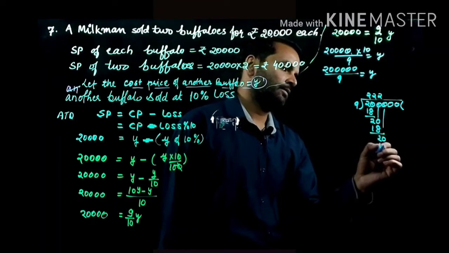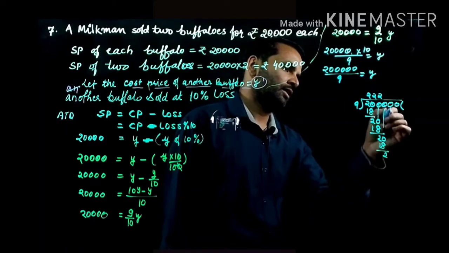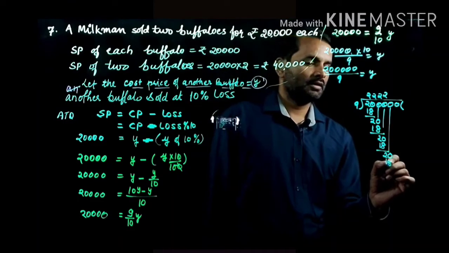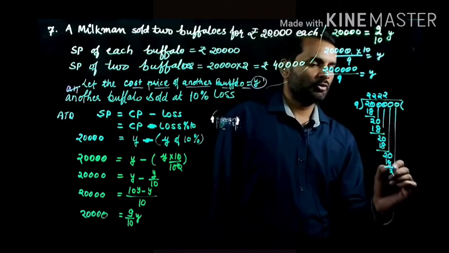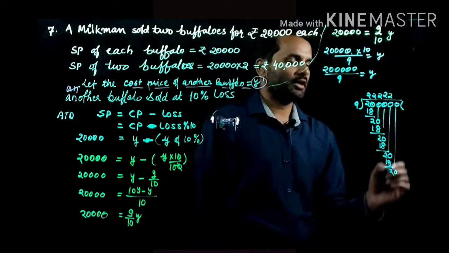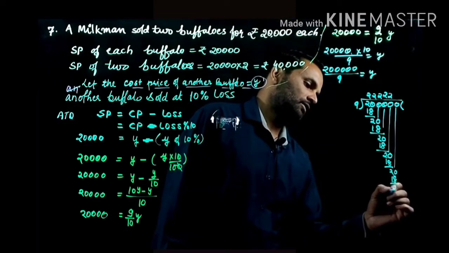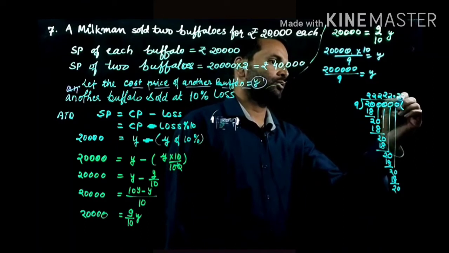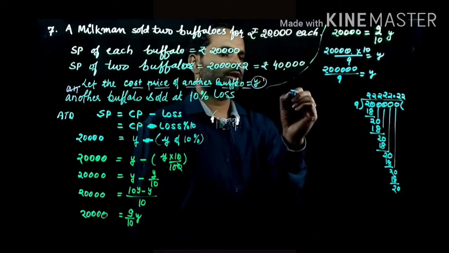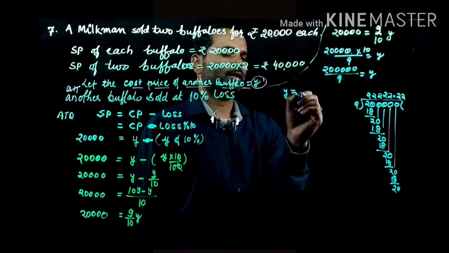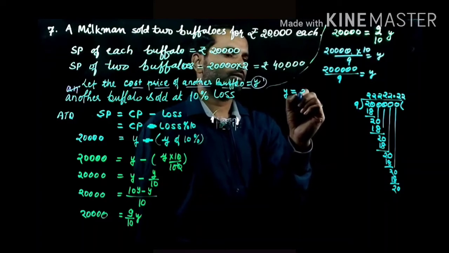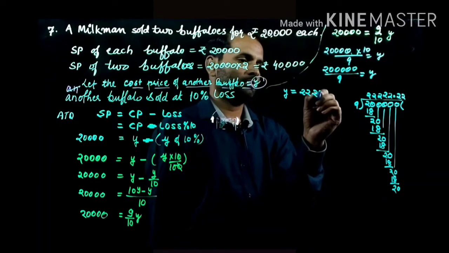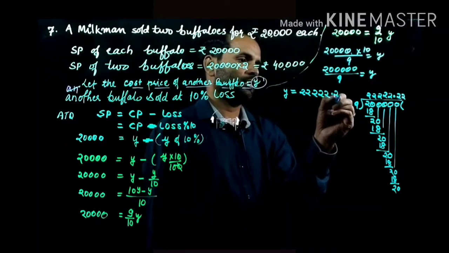The repeated number is 2 2, write the 2 times of decimal number, that value of Y is 22,222.22.